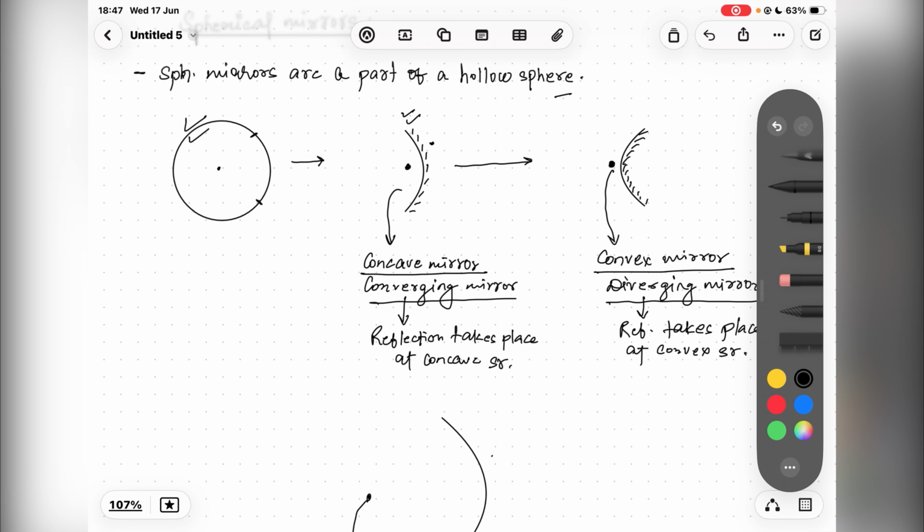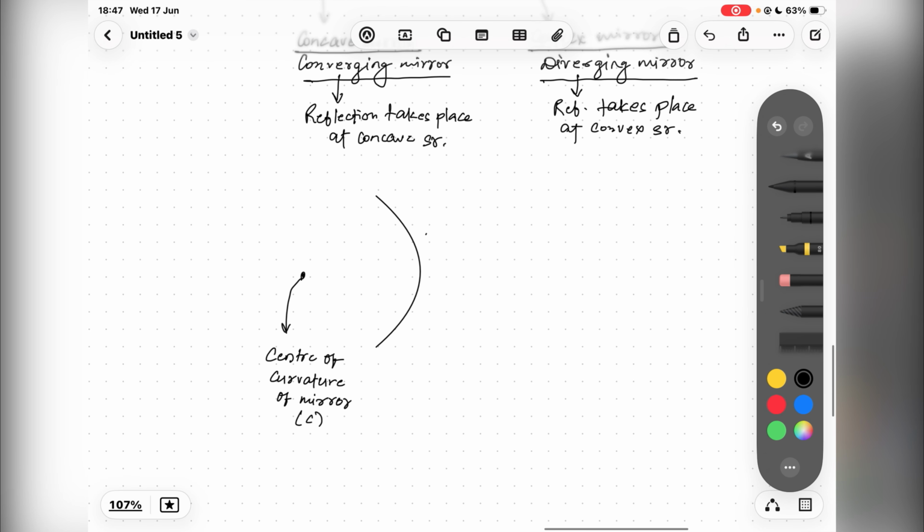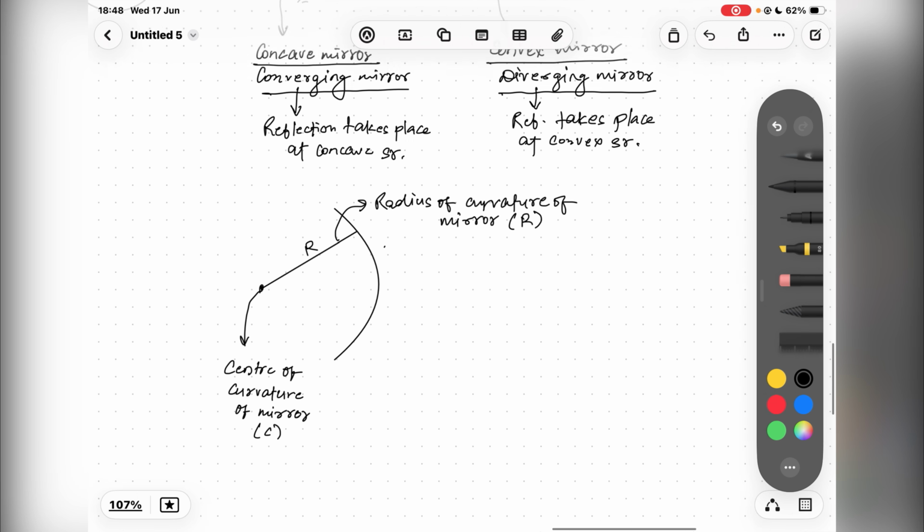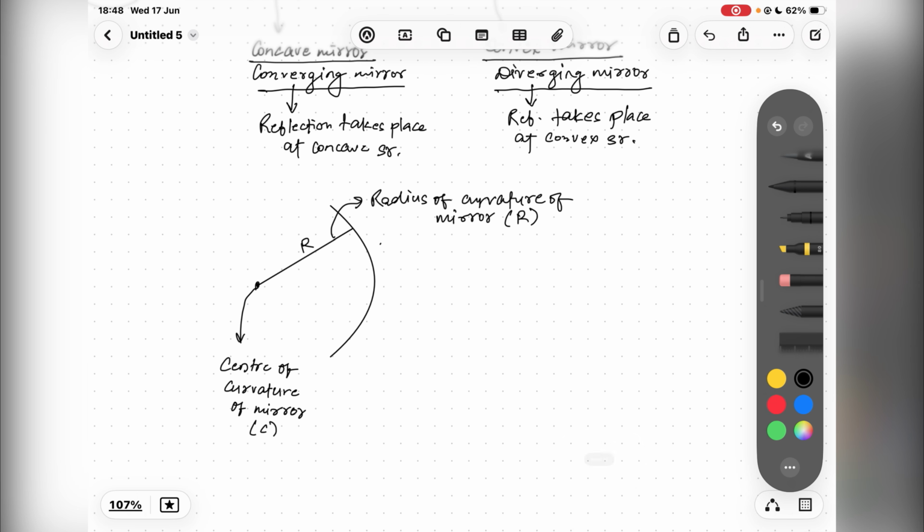Similarly, this sphere had a radius, so this mirror will also have a radius, and it will be called the radius of curvature of the mirror, denoted by R. So this mirror is like an arc.